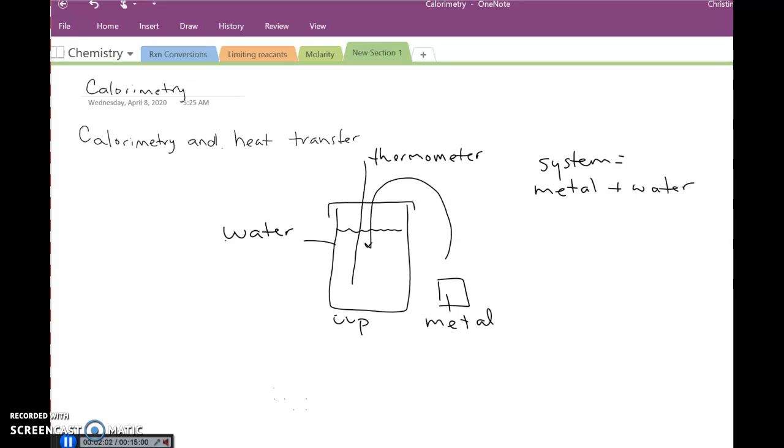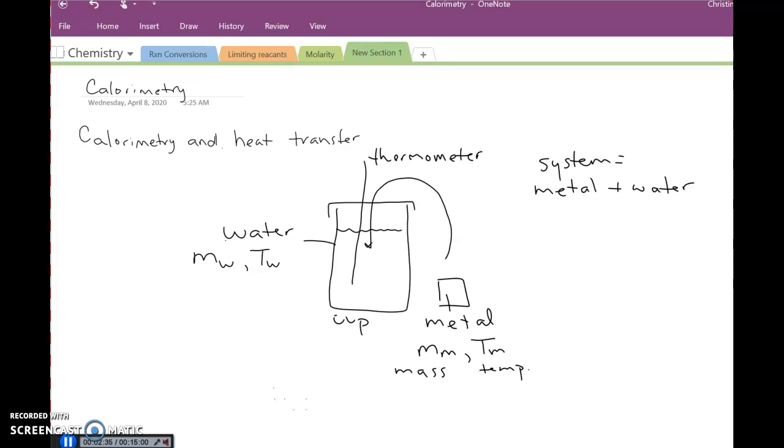Now the metal has a mass. So we have a mass of the metal, and we have a temperature of the metal. And then we have the water, and we have a mass of the water, and we have a temperature of the water.